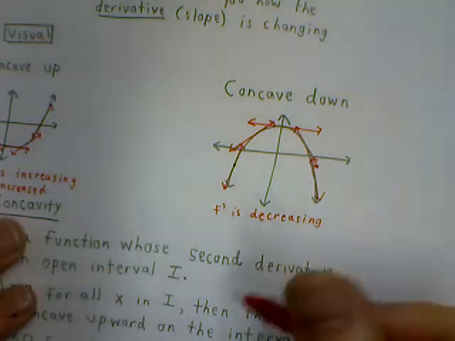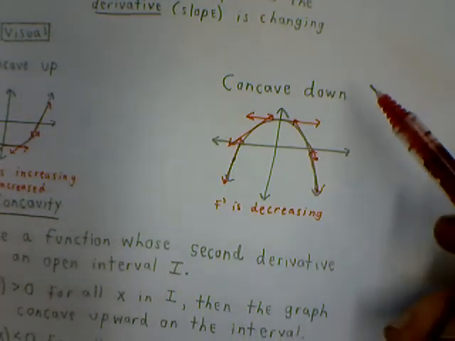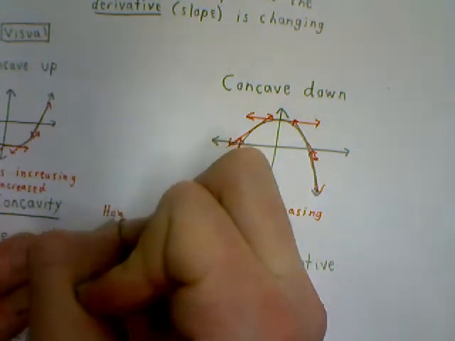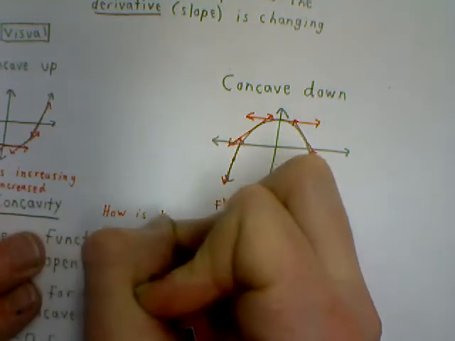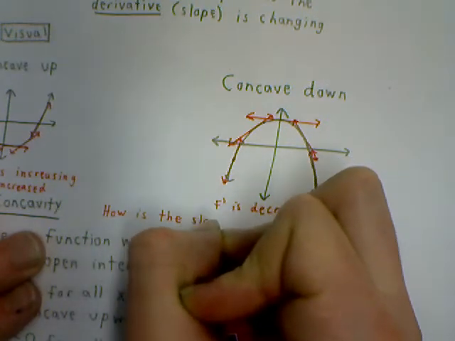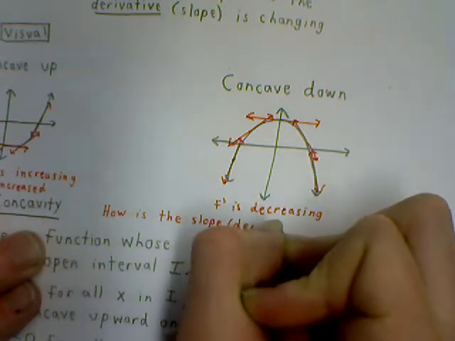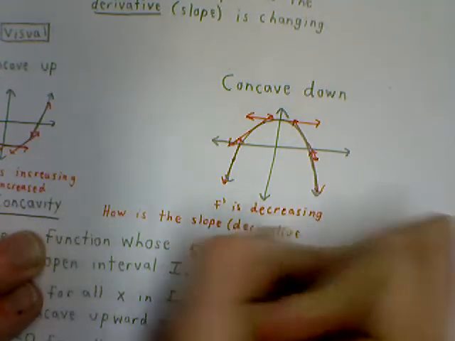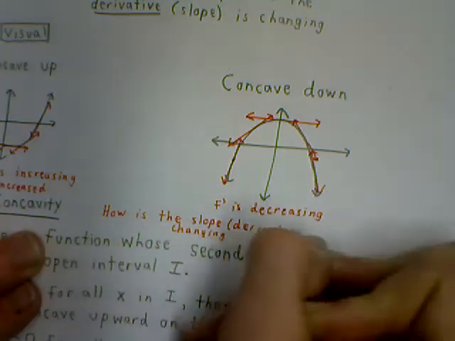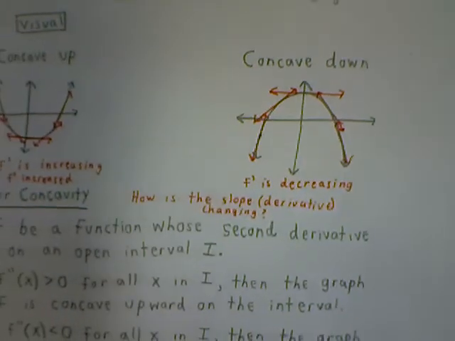It's going from positive to negative. So whenever you're talking about concavity, it's how the slope, or derivative, is changing. So that's what you're thinking about when you're looking at the graph.